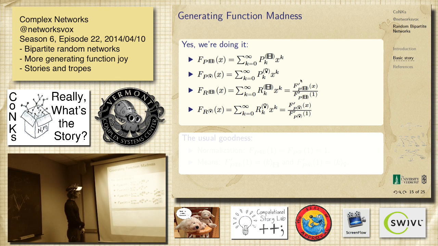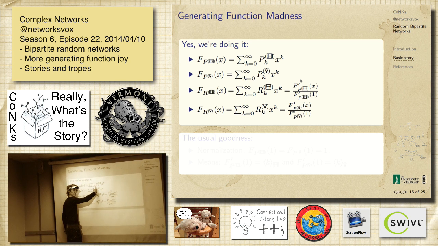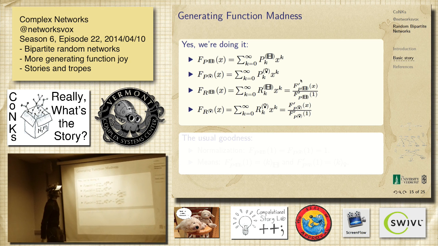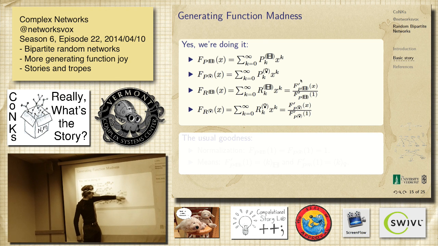The derivative brings the k down, kpk, makes it x to the k minus 1. We shift it back up and get k plus 1, pk plus 1. We have to normalize it. So when x equals 1, these are the same, so it's 1.